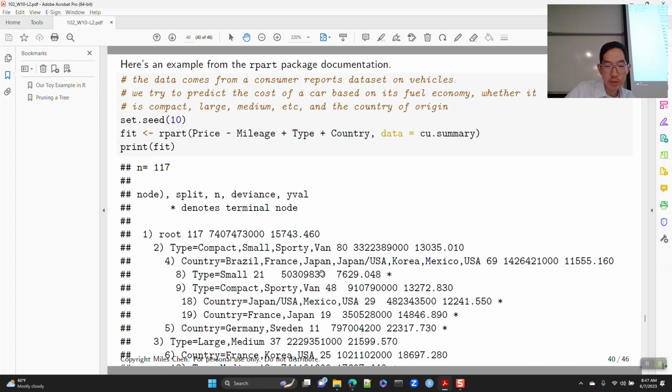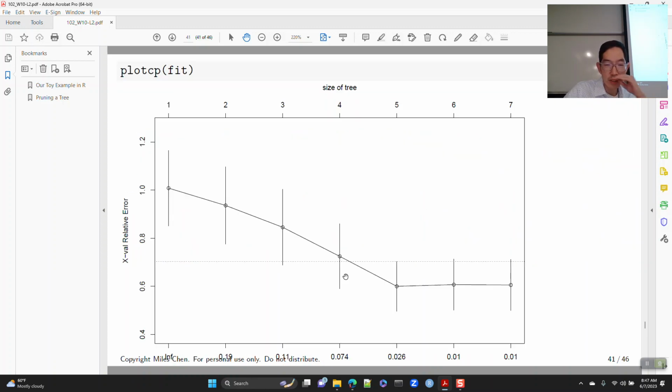Okay, so yeah, we ended up with 7 terminal nodes. Well, if this dot underneath this horizontal line, and again, these are just arbitrary guidelines, if this dot and this circle ended up below the horizontal line, we would consider creating a tree of complexity 4.